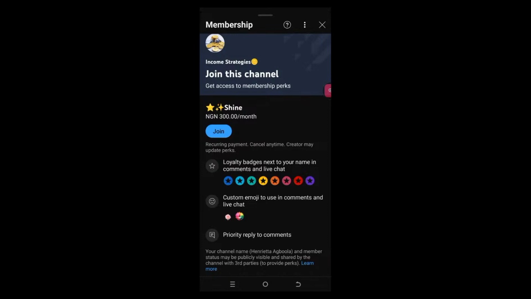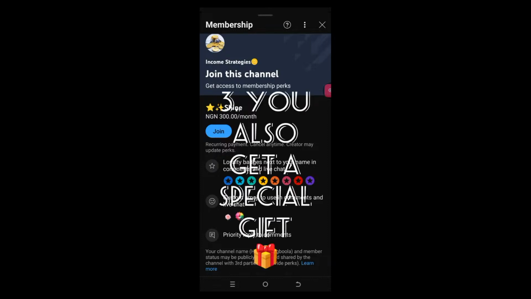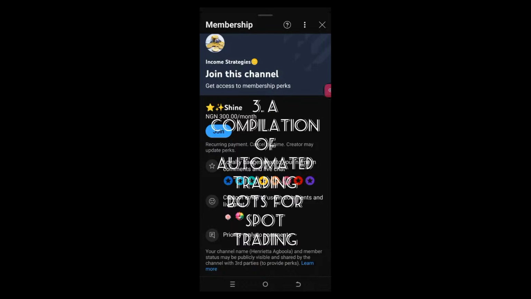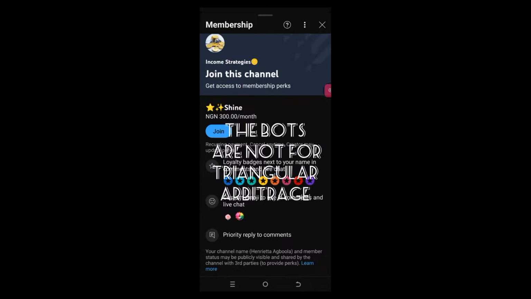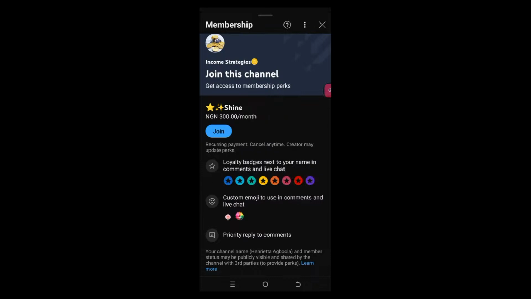The whole idea is that we want to give you something that you would value. Not only that, I have a mighty gift to give you. Once you join today, I'm going to give you a compilation of trading bots that you can use to pick trades and execute trades. Not triangular arbitrage, but it's for spot trading. You can pick up trades based on the configuration that you put into it.